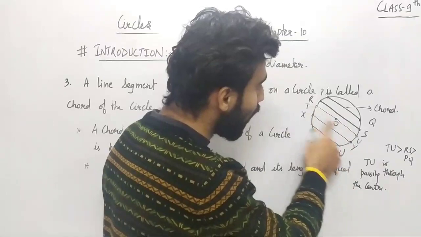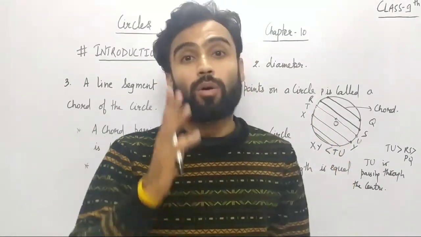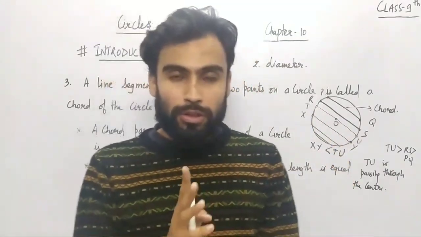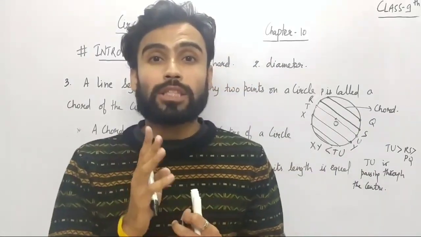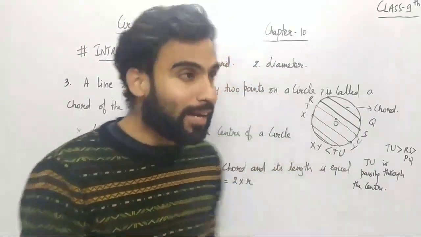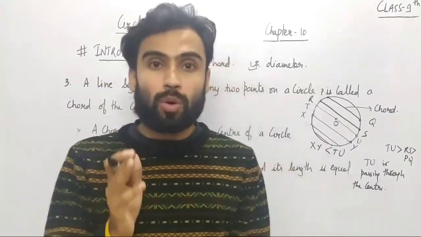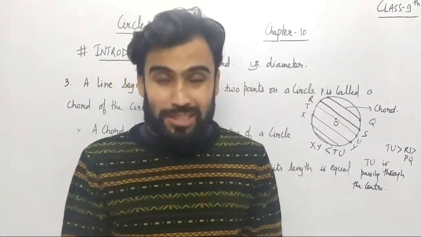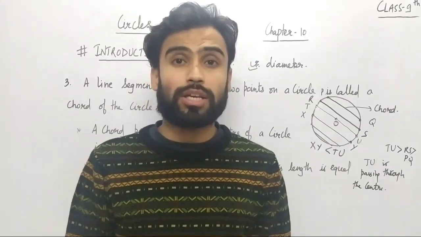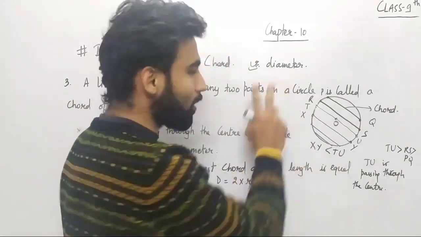This TU, which passes through the center and is the largest chord of a circle, we give a specific name. That is diameter, right? So the largest chord of the circle passing through the center of the circle is known as diameter, right?